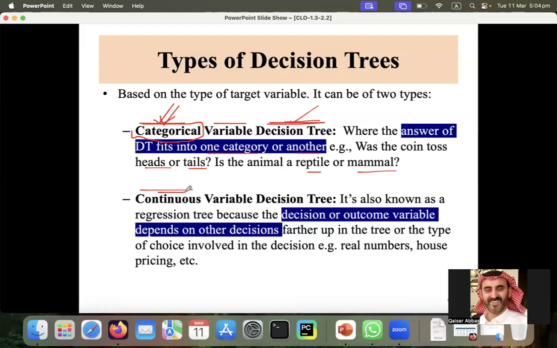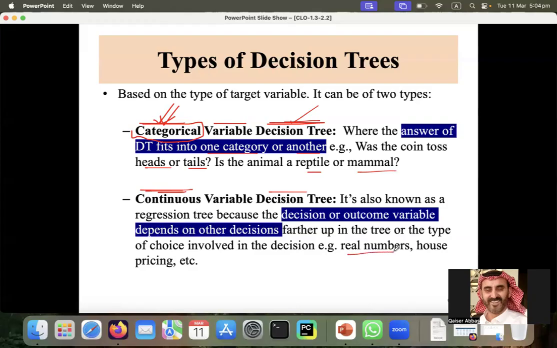Continuous, we already know the definition of continuous variable decision tree. That decision tree will handle continuous data. Shortly, without going into detail, what is continuous data? Previously, we saw the example of house pricing, with respect to parameters like number of rooms, number of bedrooms, or whatever.